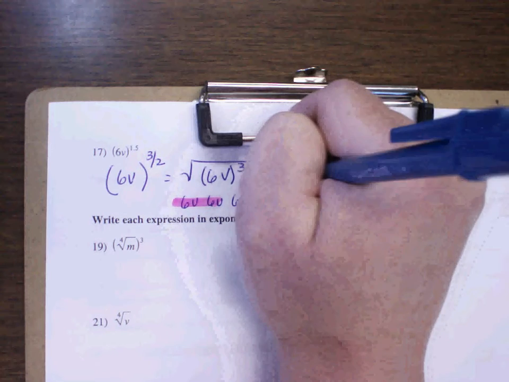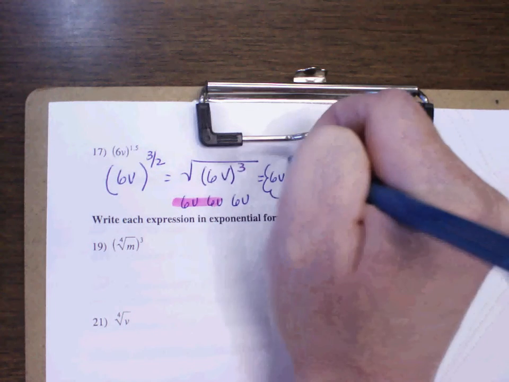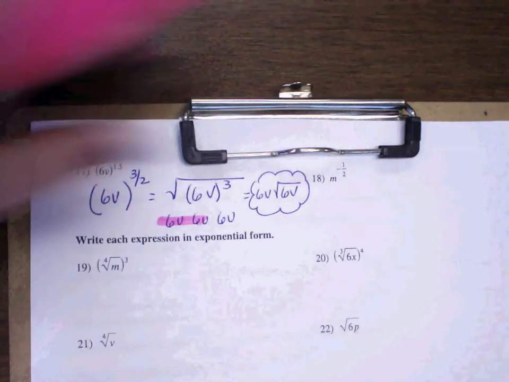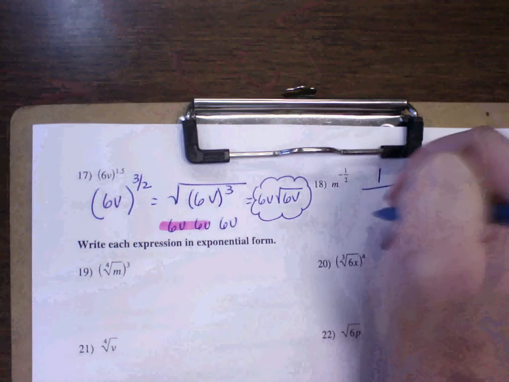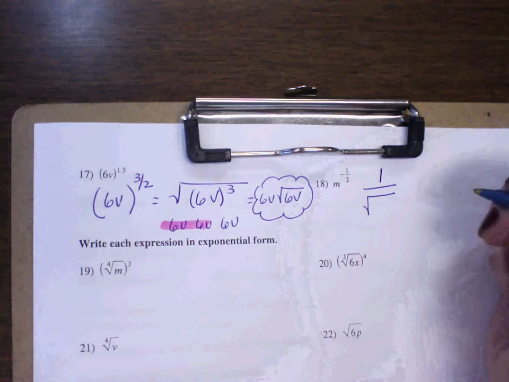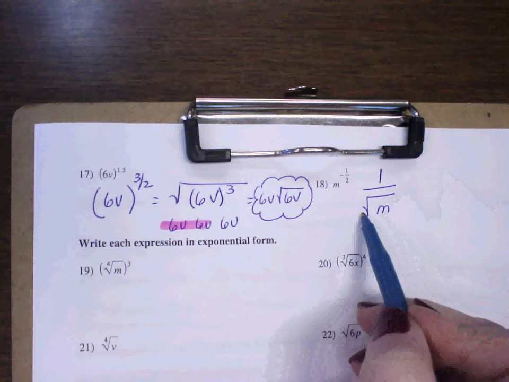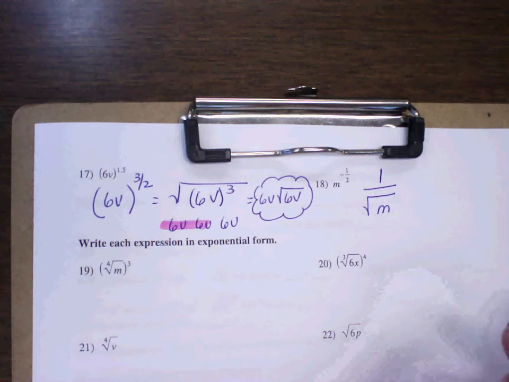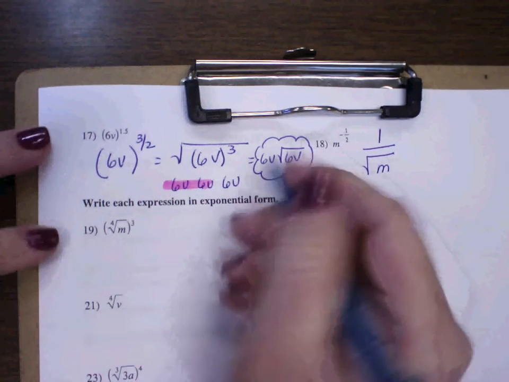So how many come out? 1, and then the other one stays in, grounded. Yay? All right, the first thing I need to do is get rid of that negative. So 1 over. How many m's do I have? And what kind of root is it? Square. And for the square root, you don't have to put the 2, because it's the smallest one.